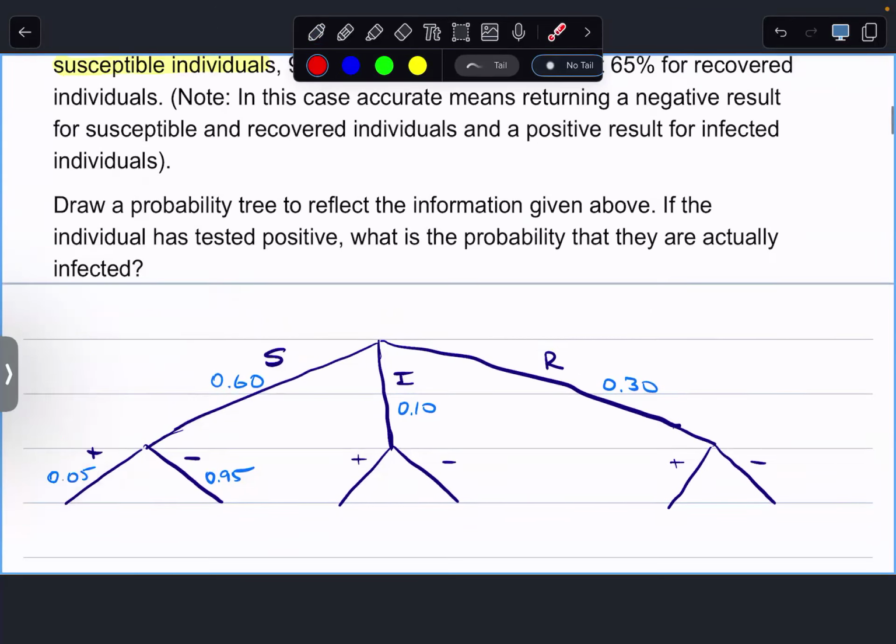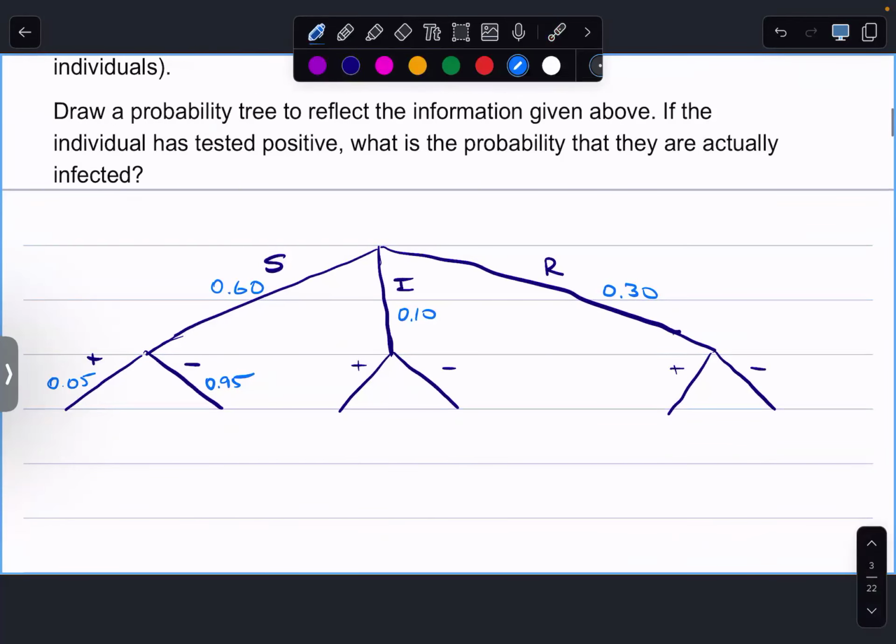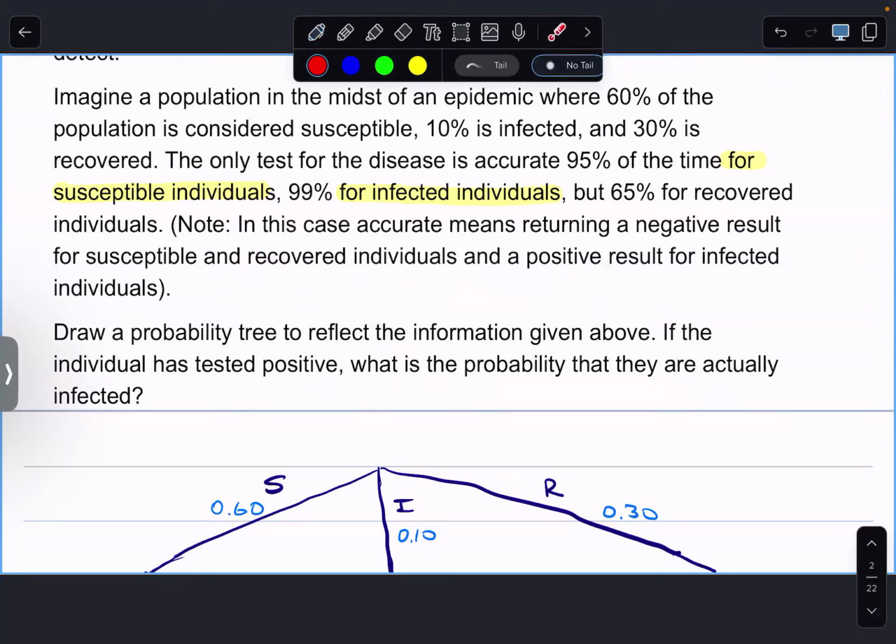Okay. If you're infected, it's 99% accurate. Accurate meaning a positive result now because you have it. And so now 0.99. And that makes the probability of a negative result 0.01. Okay. How about 65% for recovered individuals?